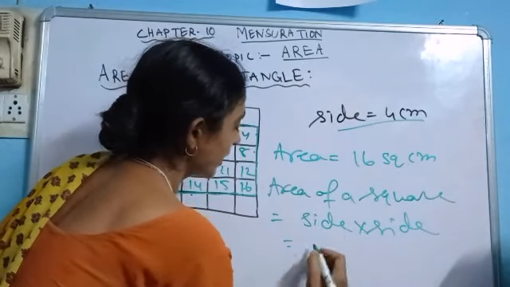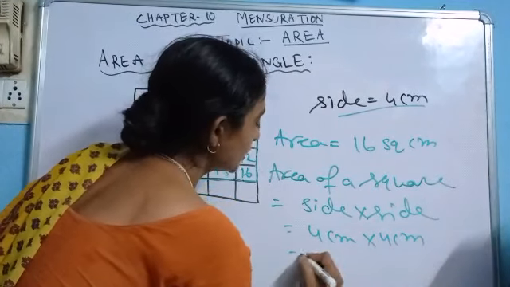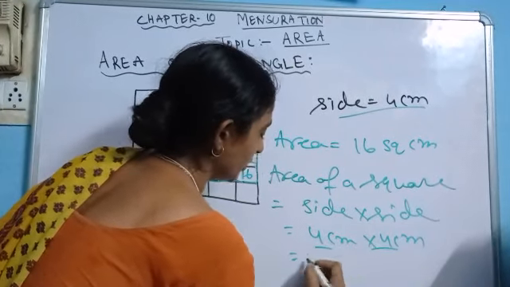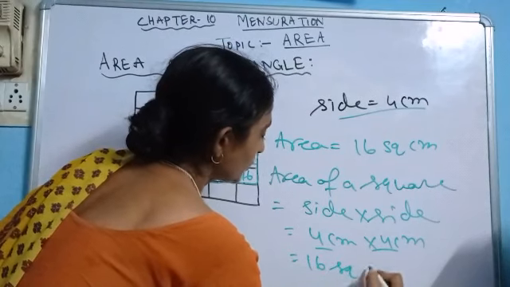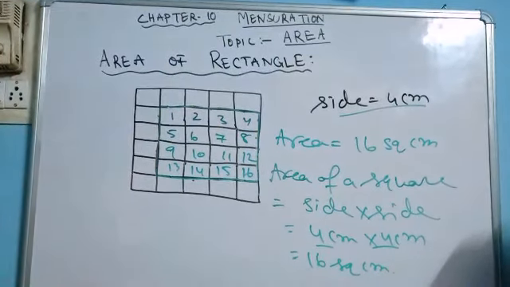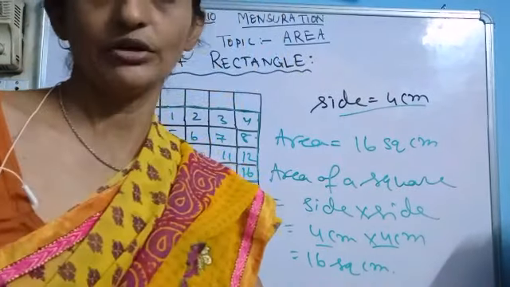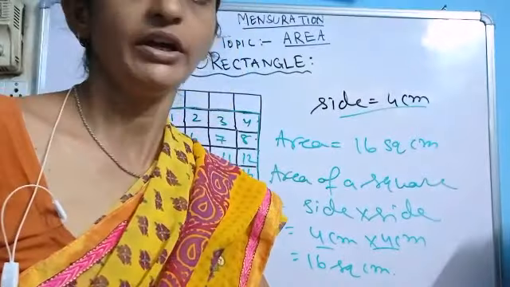Here the side we have taken as 4 centimeters, so 4 centimeter into 4 centimeter. After multiplying these two, we get 16 square centimeter. Okay, so let's come to the exercise. We will solve some questions, and I hope you all are clear about this part. So let's move to the exercise.